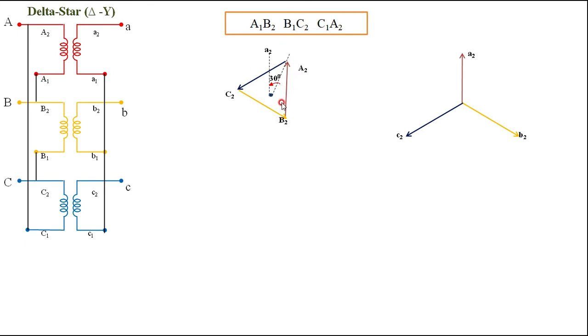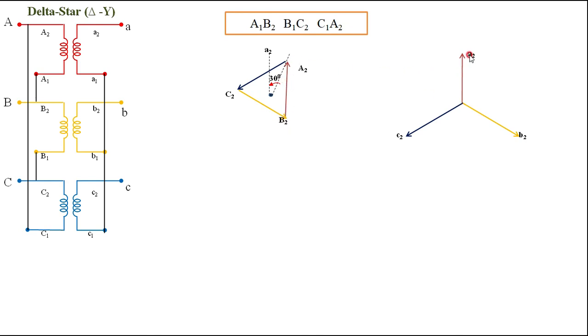So if you are drawing the shift of the neutral by 30 degrees here, and refer to the second side, that is in phase with phases A, B, C, you have to draw for the star connection. Here it is parallel to this A1, A2.